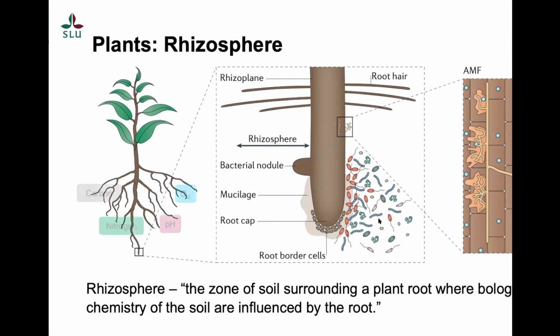That being said, it's not just about the carbon around the root, but also the nitrogen levels. In this area, maybe the microbes are perfectly happy that they're getting so much carbon, but the plant wants to use nitrogen as well, and so do the microbes. So you get a competition between plants and microbes for nitrogen.